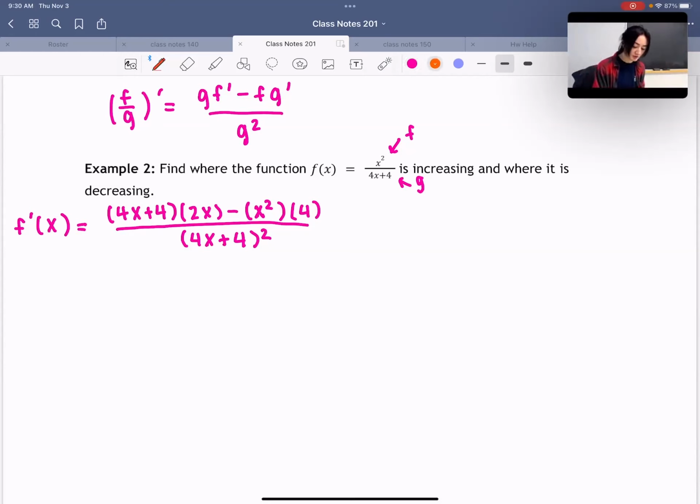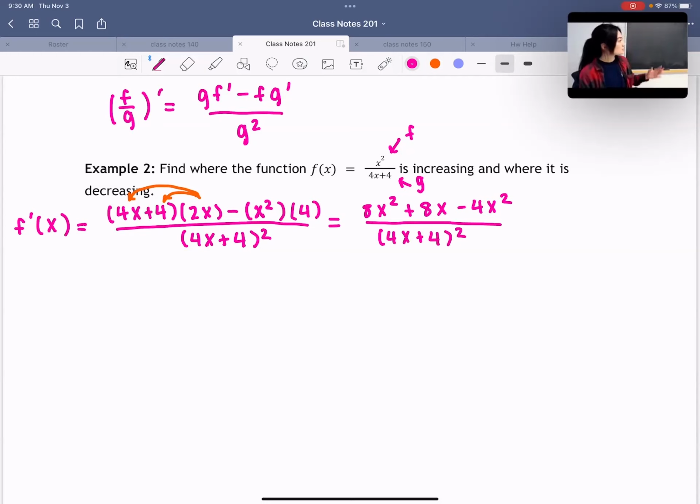So the next thing I'm going to do is just take the 2x and multiply it over to both of these values here. So I'm going to get 8x squared plus 8x minus 4x squared over 4x plus 4 squared. Okay, now I saw a lot of people factoring out the denominator.